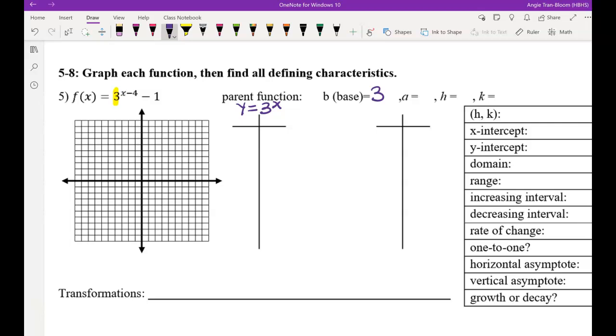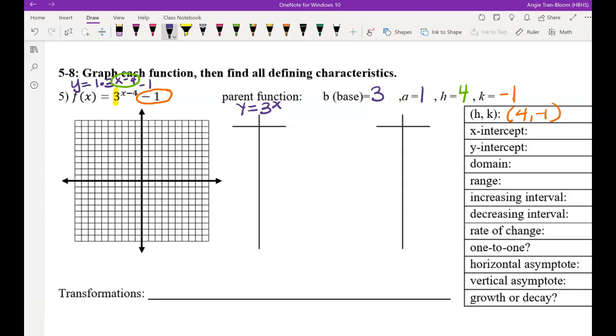Your a value, remember, a is always going to be 1 times your base, since you don't see any number in front of that base 3. So that's why it's 1 time. So a is 1. Your h is always going to be with the x. So that's going to be a positive 4. Your k is going to be the one that's moving things up or down. In this case, it's minus 1. So we can fill out 4, negative 1 right away.